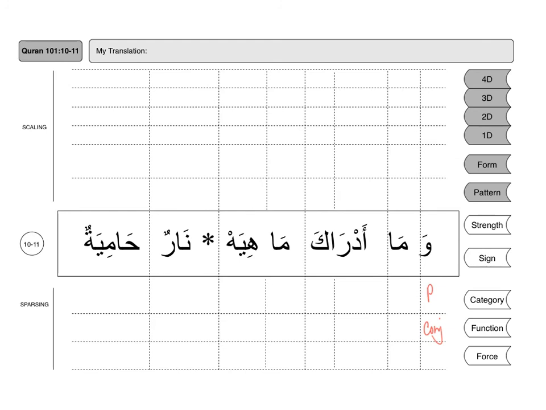Ma adraka, we have gone through that in the second verse. And then ma here, so this is like a new sentence, right? So ma here is an interrogative pronoun, which means what, and therefore it is subject of nominal, and ha here becomes predicate of nominal.